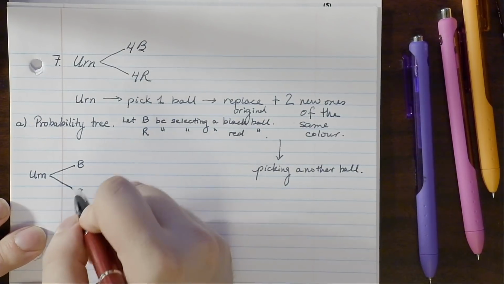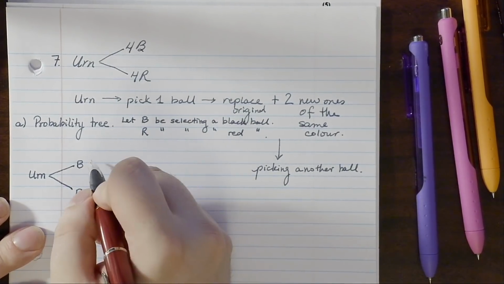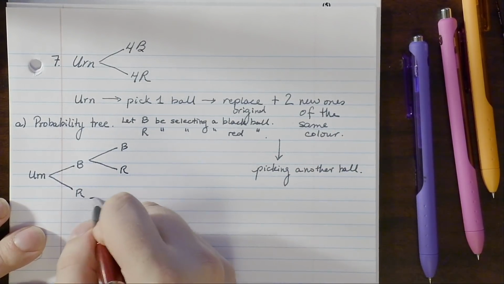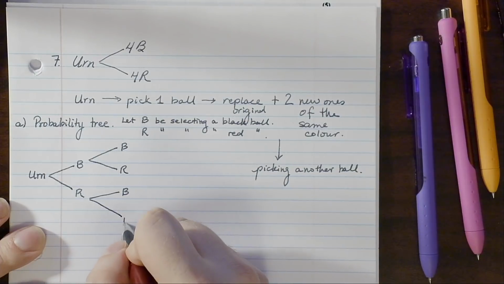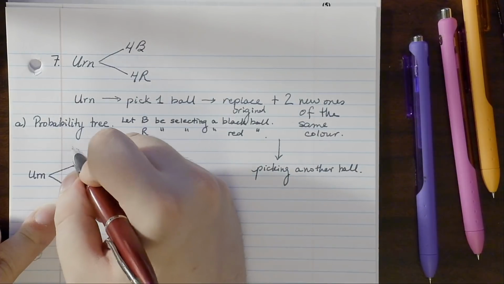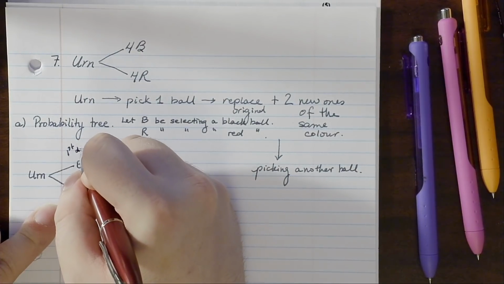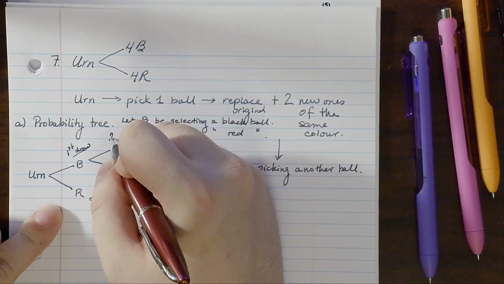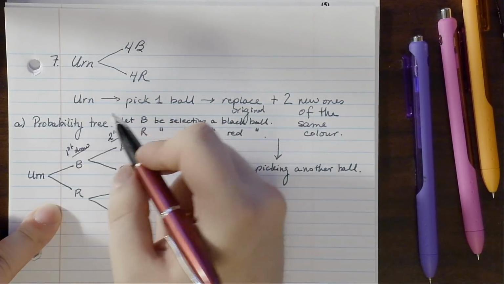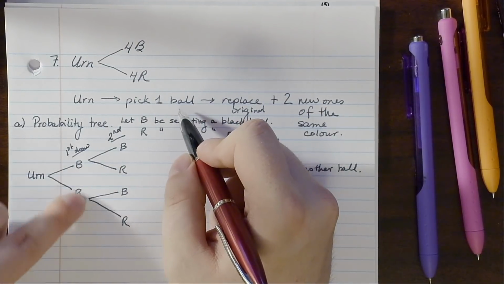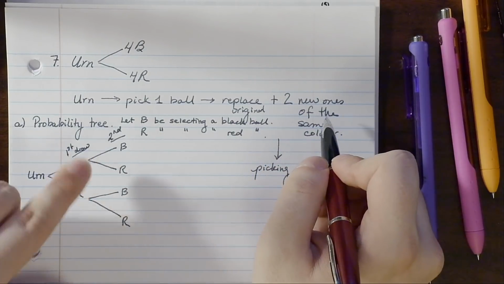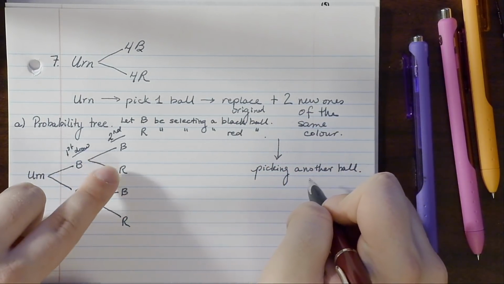Then after that, I'm told I'm picking another ball again. So again, I have a black ball and a red ball, a black ball and a red ball. This is my first draw, and here's my second. From my urn, I pick one ball, so it's either black or red. Then I replace the original one, put in 2 new ones of that color, and pick another ball.